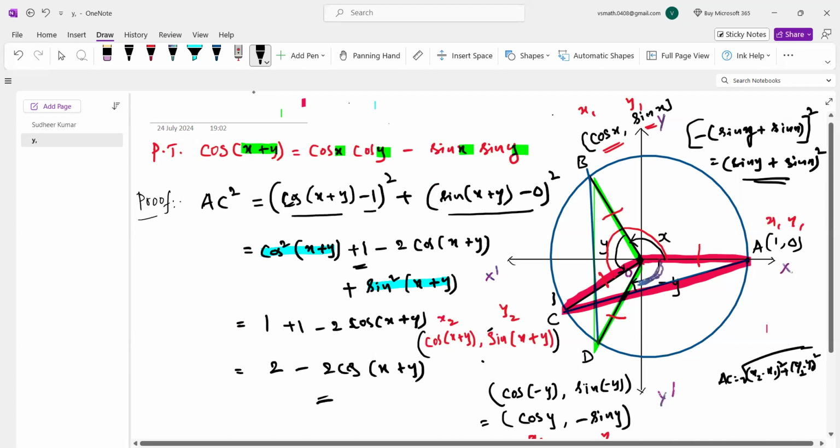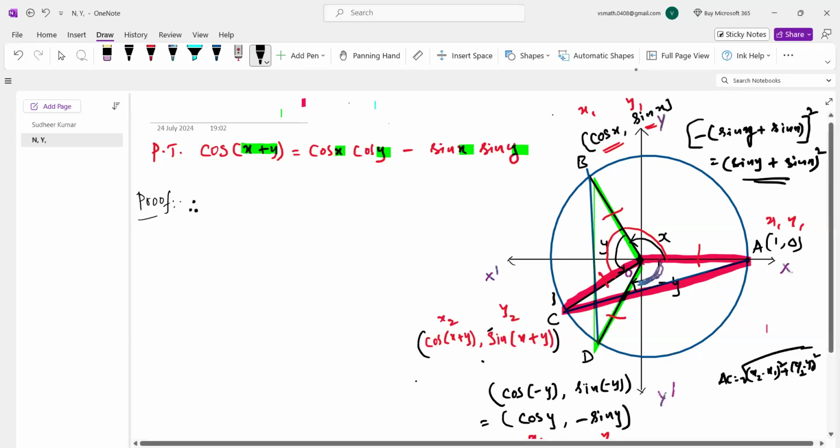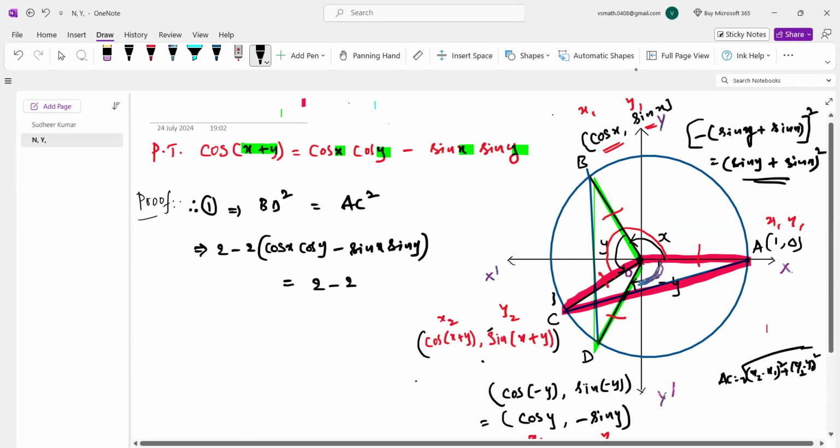Now, these BD square and AC square values, let us substitute in equation 1. Therefore, as we know that BD square equals AC square. We got BD square as 2 minus 2 times (cos x cos y minus sin x sin y) equal to AC square, which is 2 minus 2 times cos of (x plus y).